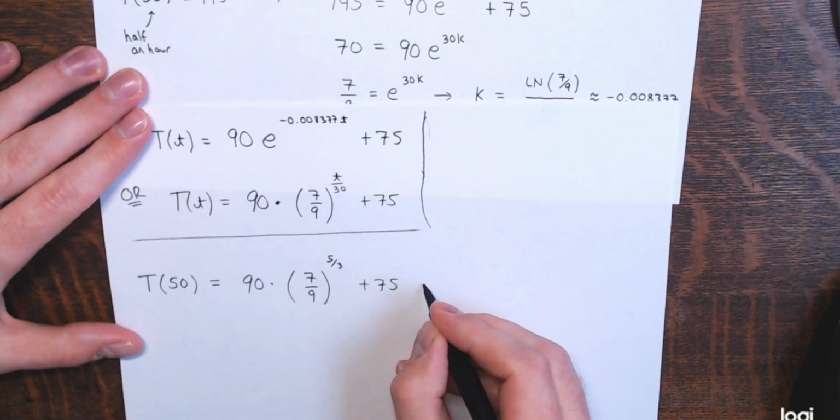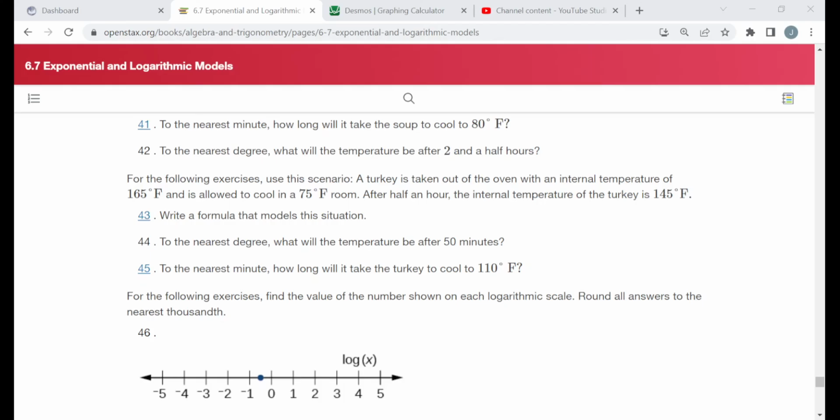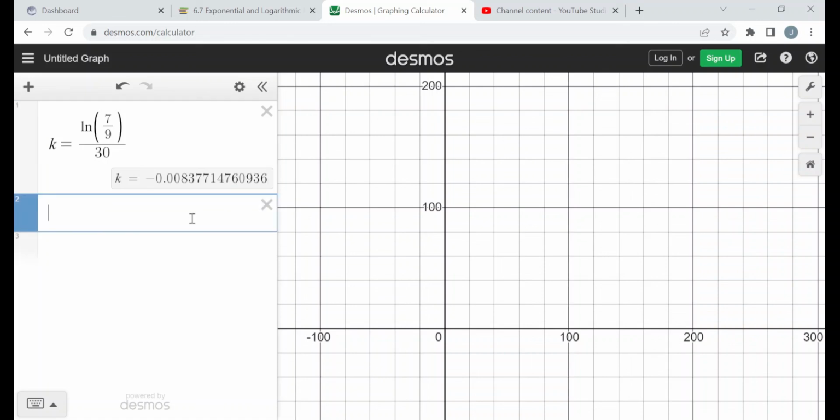And we're asked to round this to the nearest degree. So I'll punch this in. We have 90 times 7/9 to the 5/3 power plus 75. So 134 degrees if I round to the nearest degree.